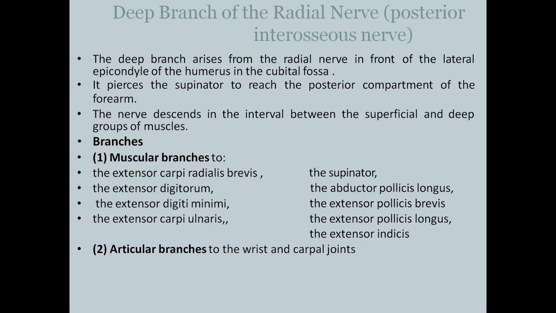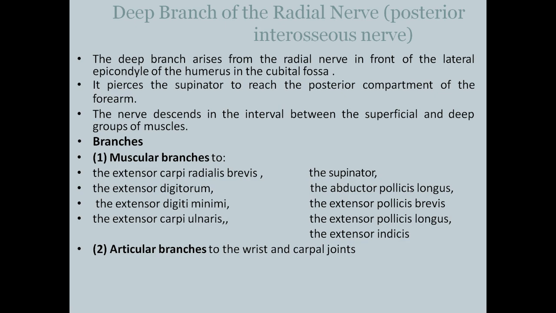Muscular branches will go to extensor carpi radialis brevis, extensor digitorum, extensor digiti minimi, extensor carpi ulnaris, and the supinator muscle, abductor pollicis longus, extensor pollicis brevis, extensor pollicis longus, and the extensor indicis.